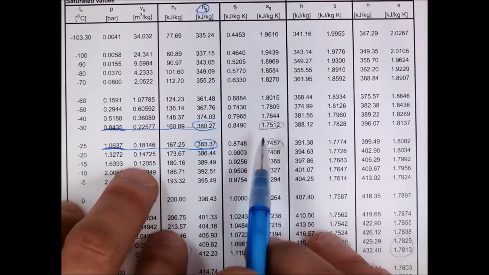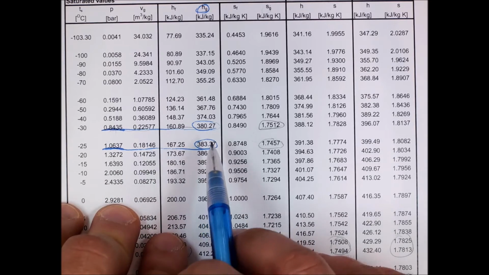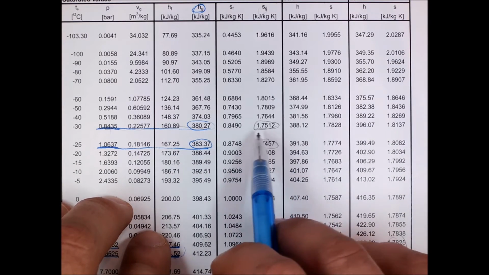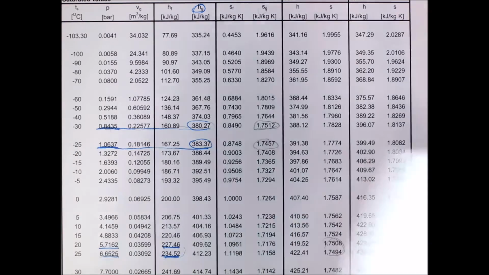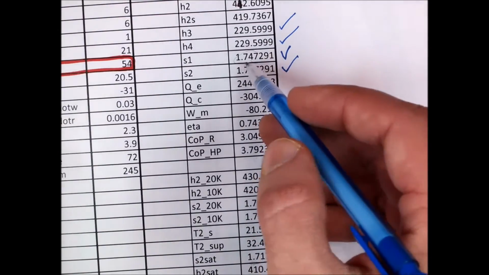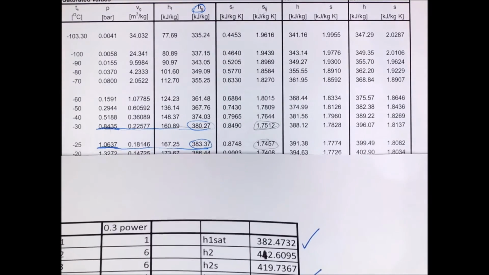By substituting the appropriate parameters for the appropriate values, we get something right in between these two values. I've done this ahead of time, and obviously 1.747 is between 1.75 and 1.745.